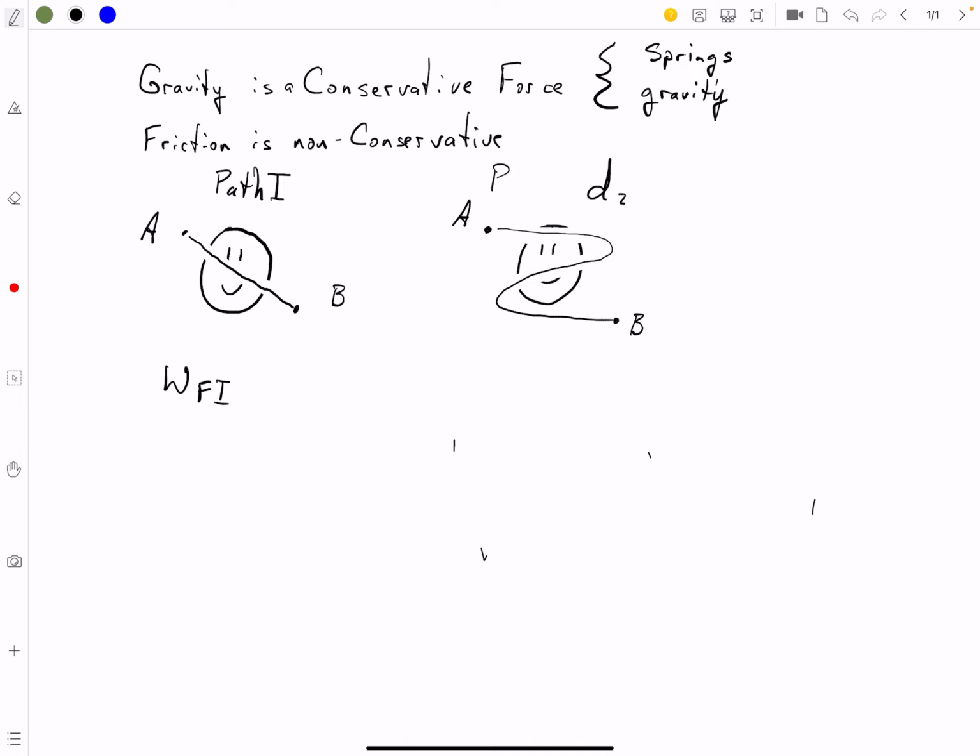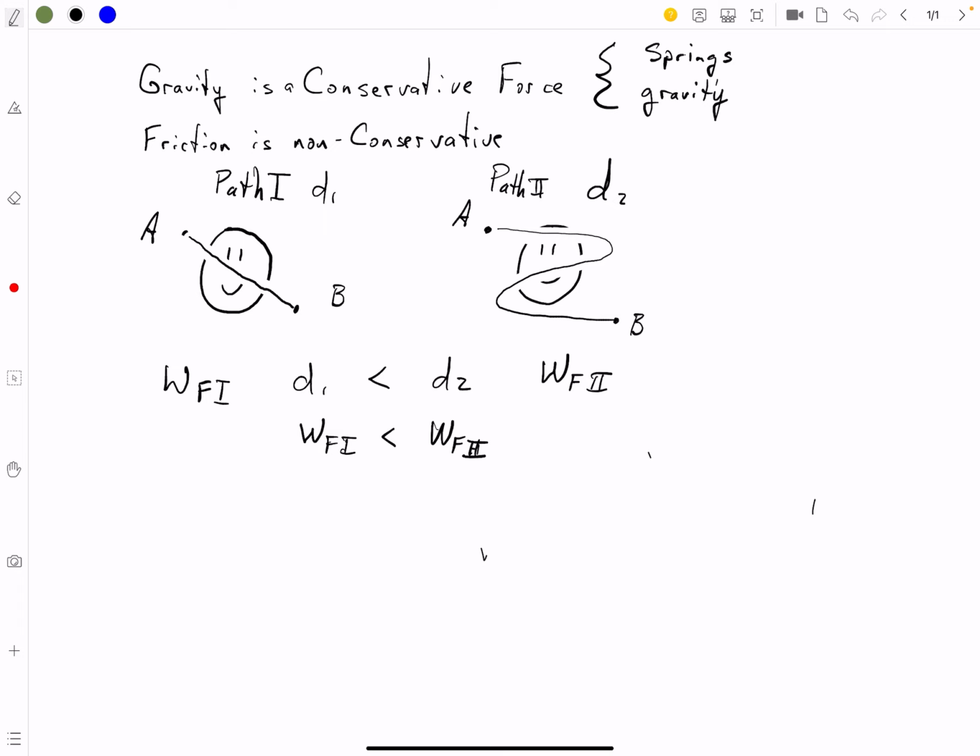D2, path 2. D2 is longer, D1 is shorter, so D1 is less than D2. And our work of friction for path 2 is also less. So work of friction for path 1 is less than the work of friction for path 2.